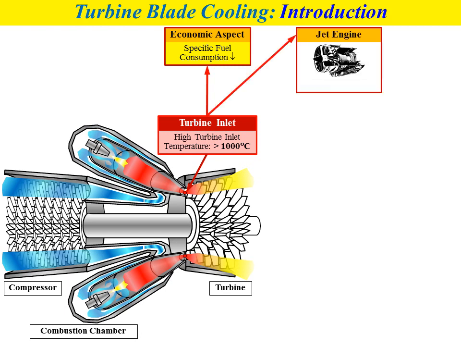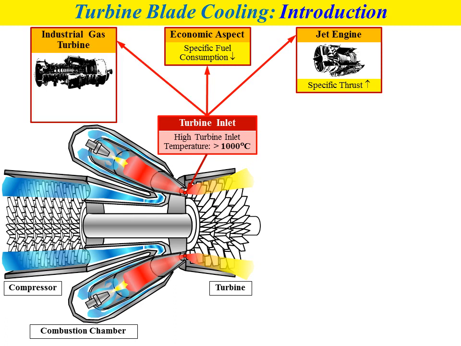And the benefit for the jet engine: if we have a high turbine inlet temperature, the jet engine will produce more specific thrust. So this is good for the jet engine.